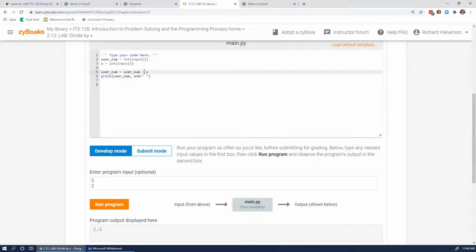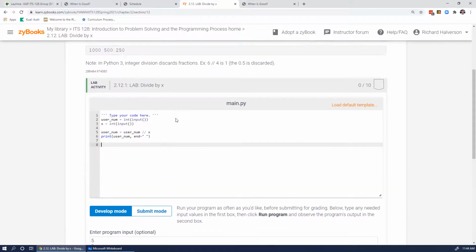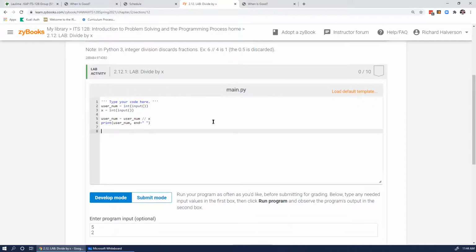If we do integer divide, the 0.5 gets hacked off. Okay, so that's integer divide. So you integerize it. So anyway, I guess we want integer divide.